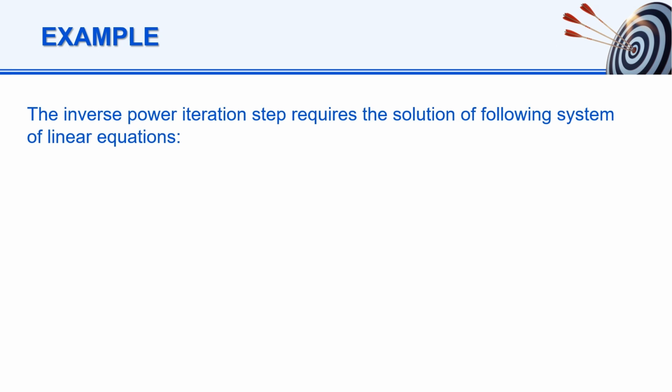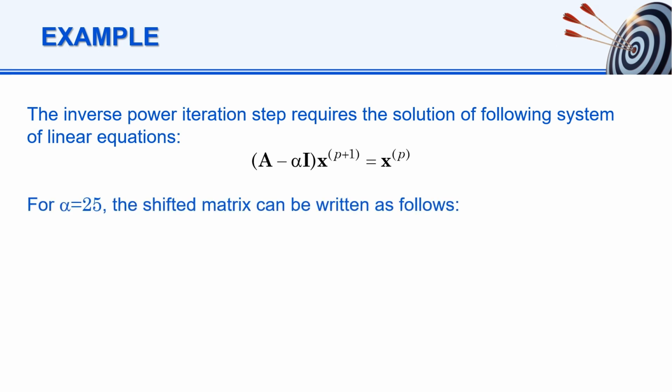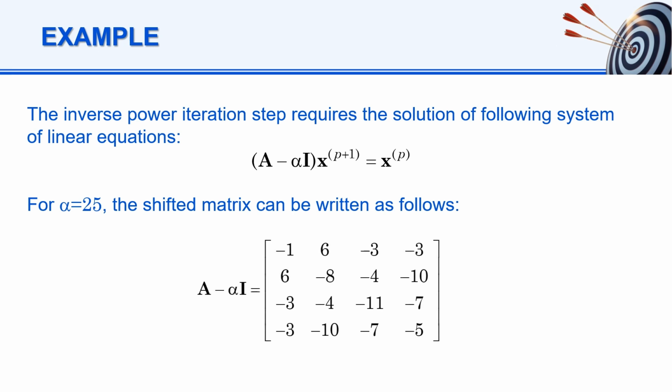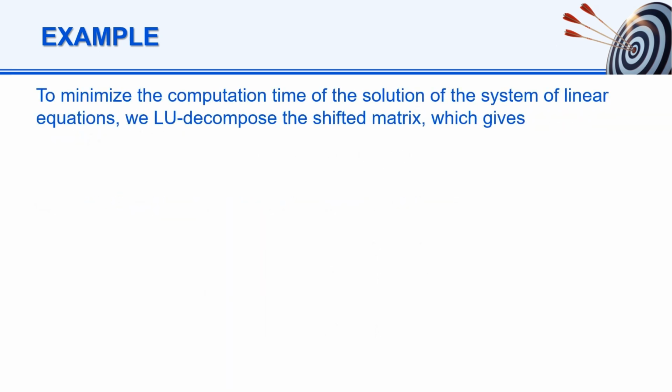The inverse power iteration step requires the solution of the following system of linear equations in matrix form. For alpha equals 25, the shifted matrix can be written as follows. The shifted matrix will remain unaltered throughout the iteration process.